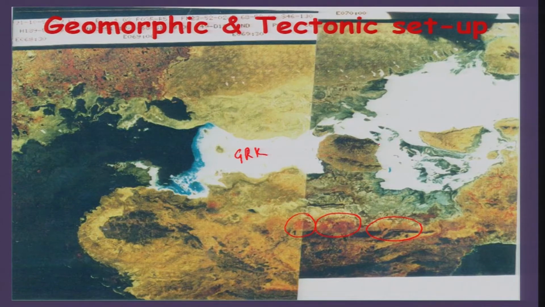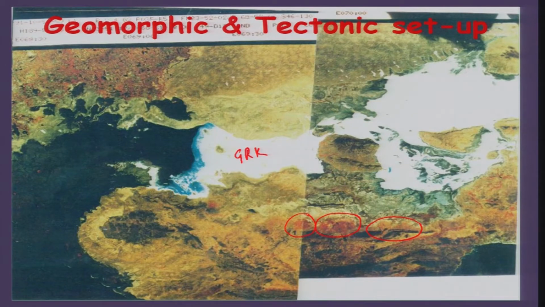We have some features which are outlying like this. Over here, these are all rocky areas or hilly areas, and we have some dark features over here on the lower part. Even at this place, these are all rocky areas.